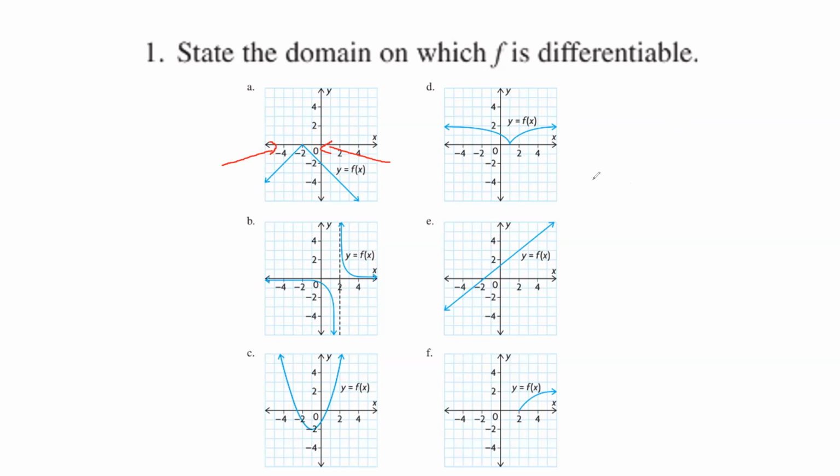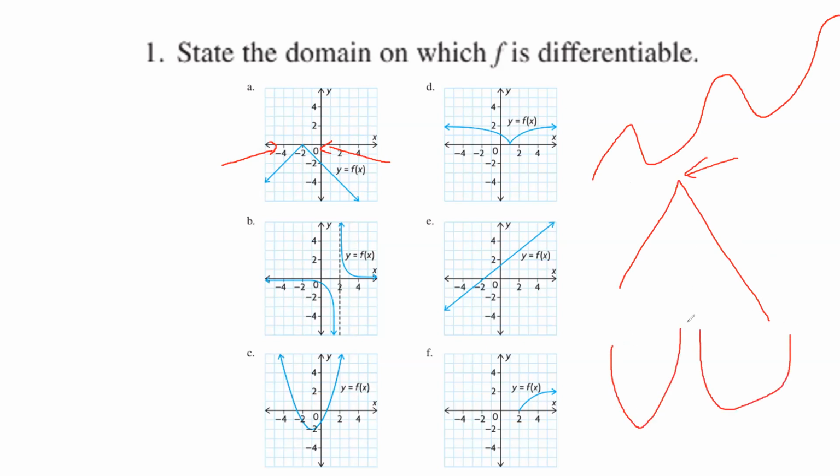You just need to know that the graph is differentiable if we can draw it without taking the pen off the paper. If you have to do this, it's not differentiable here. If you have to do this, it's not differentiable here. You see, we have a jump.